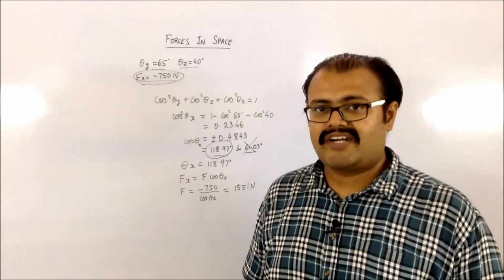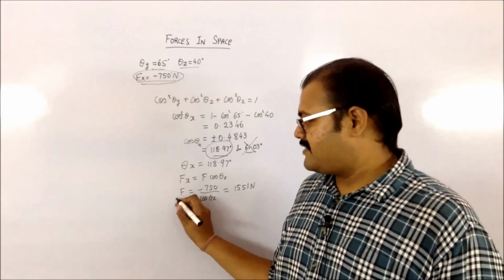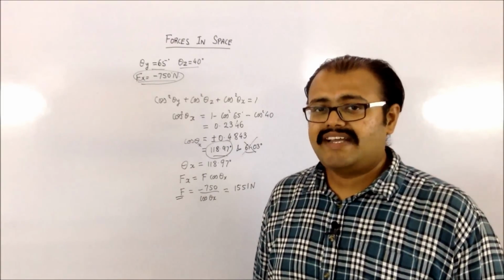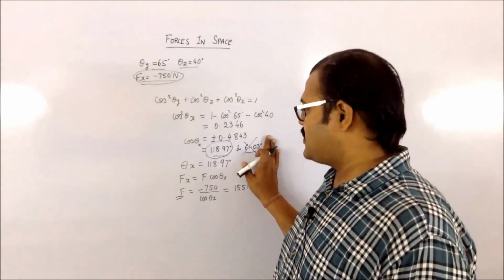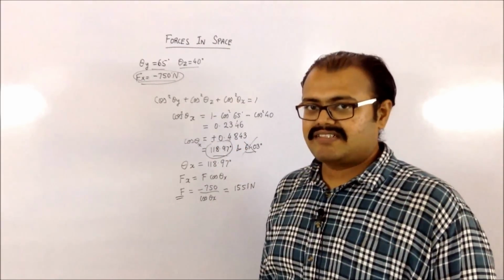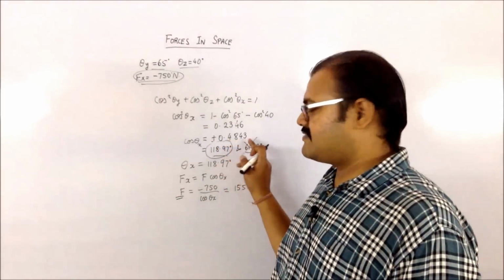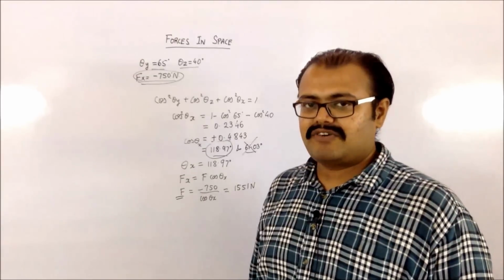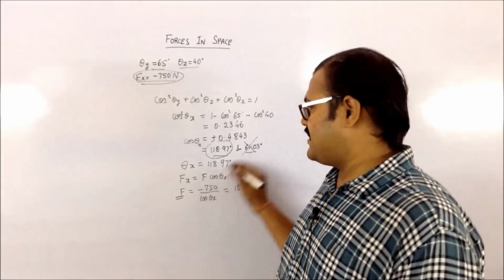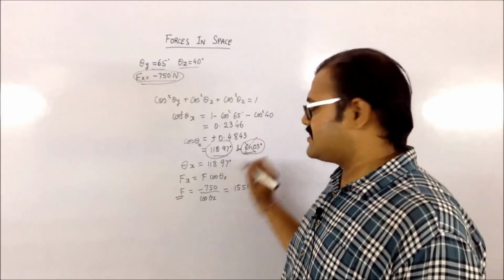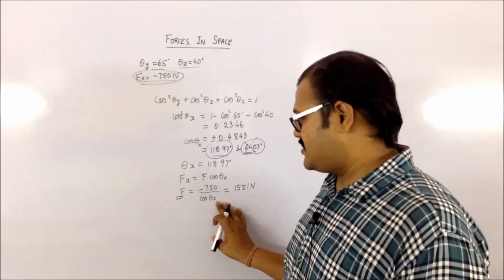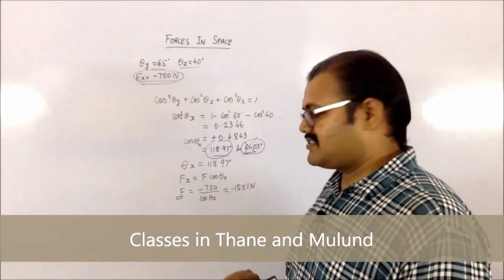Over here, just a pointer to be made. You are calculating your magnitude, so the value of magnitude cannot be negative. In case you forget that you have to take a plus minus and you just take a plus, that is you take just 0.4843 as the value for your cos theta, and you find the theta x for it, you will get this particular answer, that is 61.03. So during calculation over here, you will get the value as minus only.